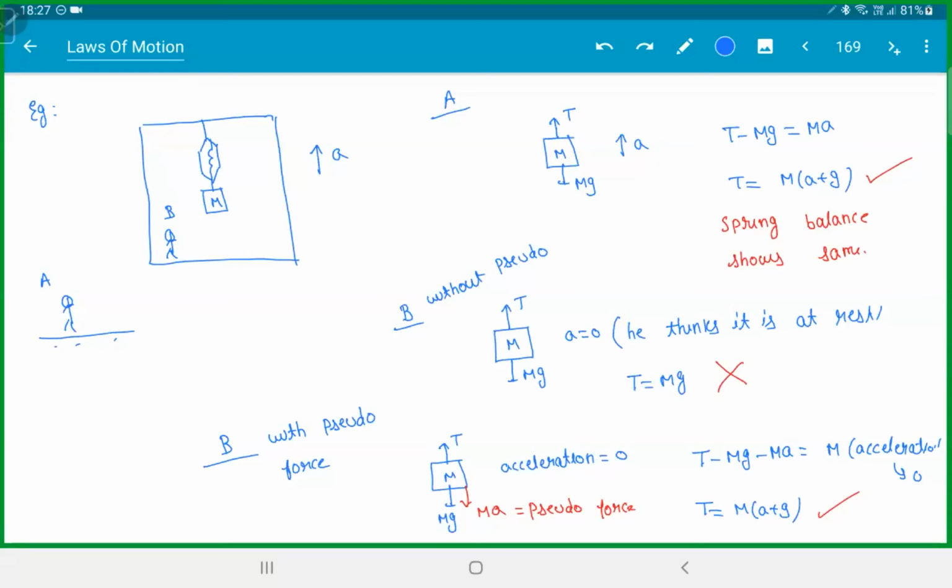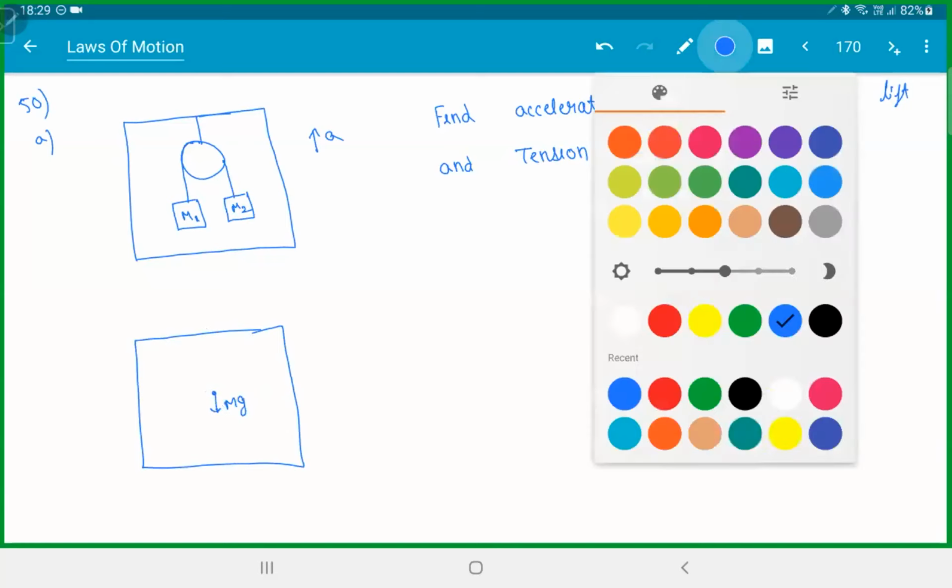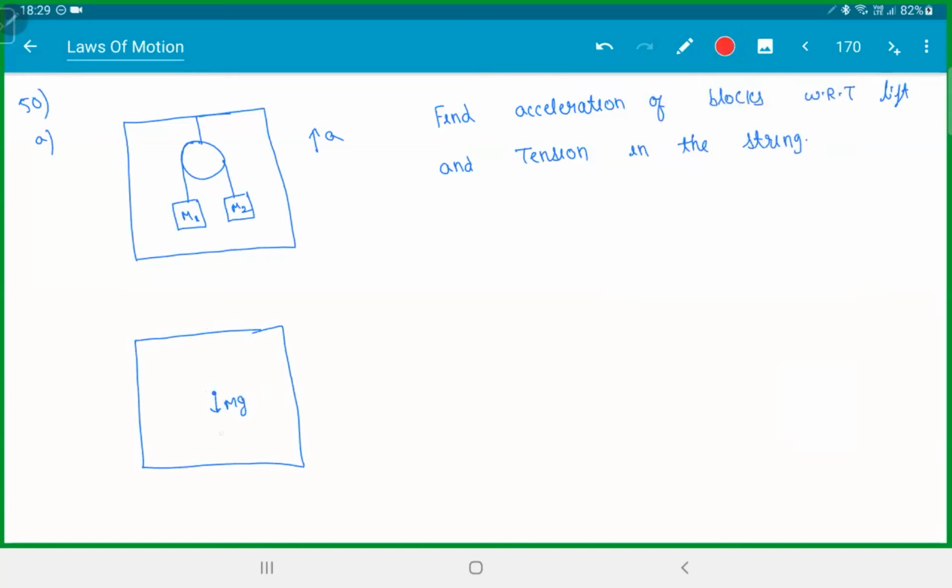See, so what do we do? Step 1, if you look at any block here, the whole system, whatever, if you take any particle here, mg, we have done this in relative motion, if you remember, the pseudo force will be ma. I'll just take it as an example only.